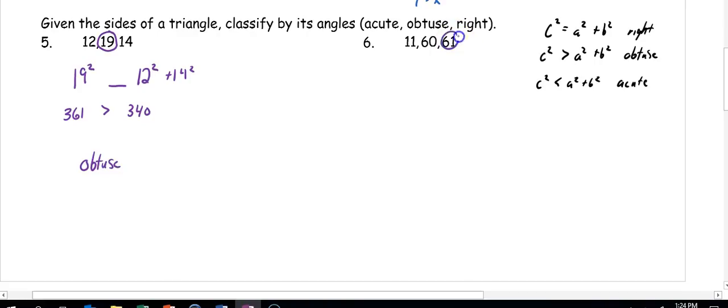Number 6, the largest side is 61, so that's going to go by itself. So we would have 61 squared, leave a blank, 11 squared plus 60 squared. So 61 squared is 3,721. And 11 squared plus 60 squared is also 3,721. So because these are equal, this would be a right triangle.